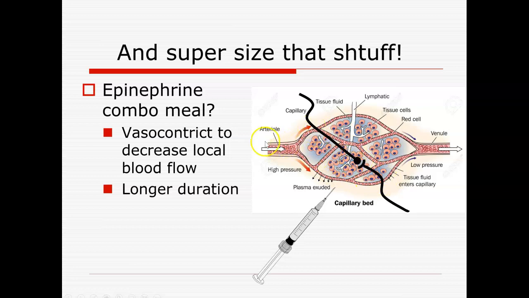As soon as local blood flow washes it away, the sensation comes back. By constricting these little arterioles, we can prevent that for a little bit longer. So make sure you have an idea of why epinephrine would be in an anesthetic injection.